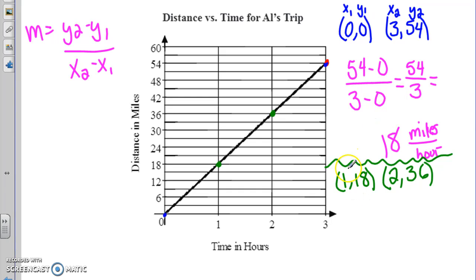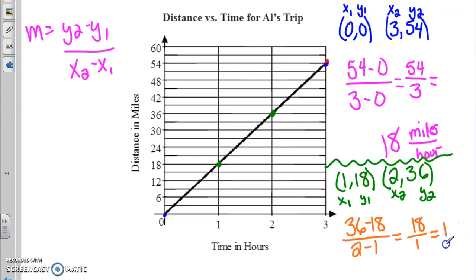And you do the same thing again. This is x1, y1, x2, y2, and then you plug it into the formula. So 36 minus 18 over 2 minus 1 equals 18 over 1, which equals 18, and then you put the miles per hour as well.